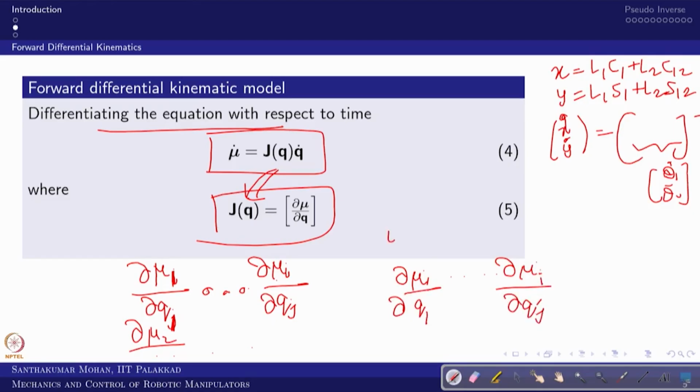So what this means is i goes from 1 to n, and j goes from 1 to m.